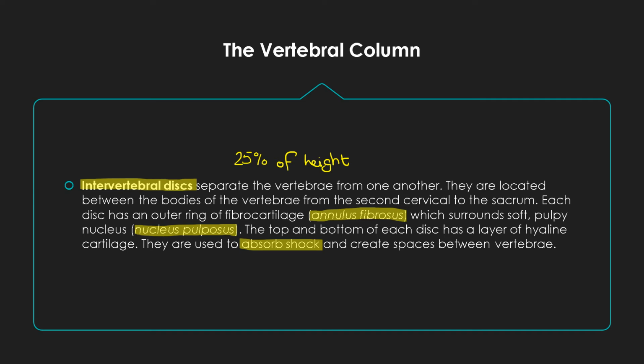Now, during the course of the day, the discs compress and lose water from the cartilage so that we're actually a little bit shorter at the end of the day than at the beginning of the day. While we're sleeping, there's less compression and our body rehydrates so that we're slightly taller when we awaken in the morning.